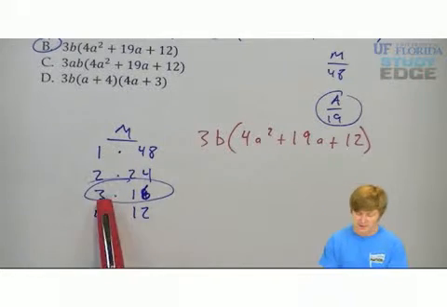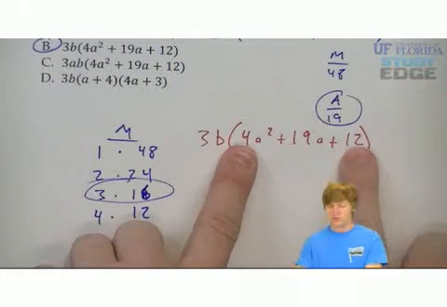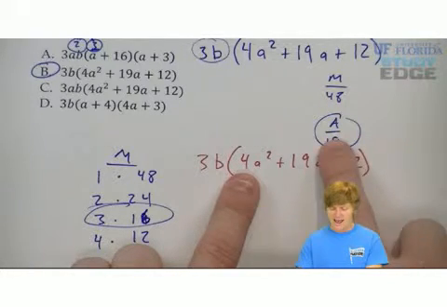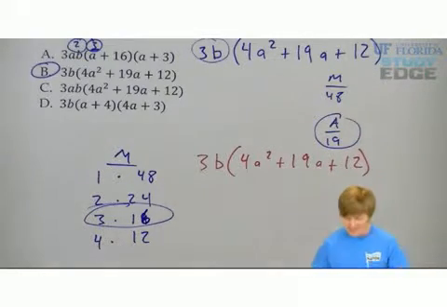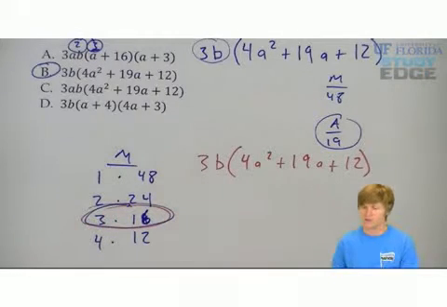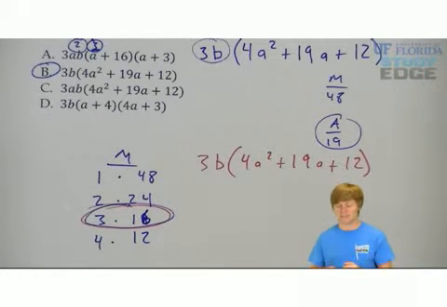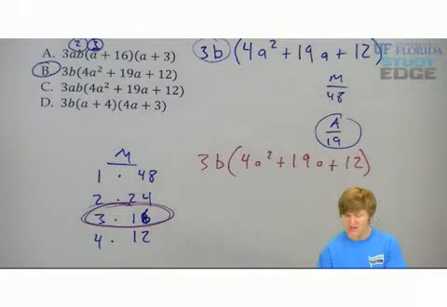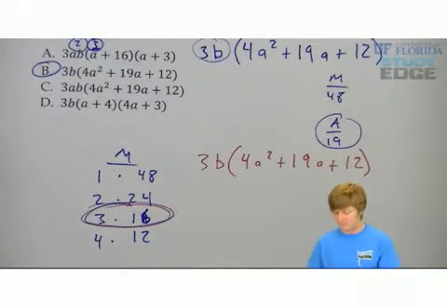Then I see that I have two numbers that multiply to be that 48 and add to be the middle number, 19. Yeah, that's 3 and 16. So 3 and 16 add up to be 19, so that's what I'm going to use. Whenever I have the 3b on the outside, I can't forget about that.